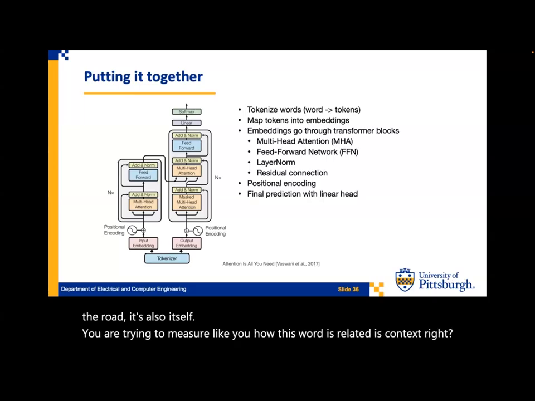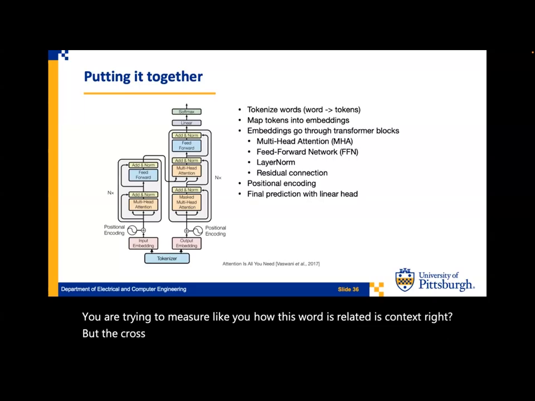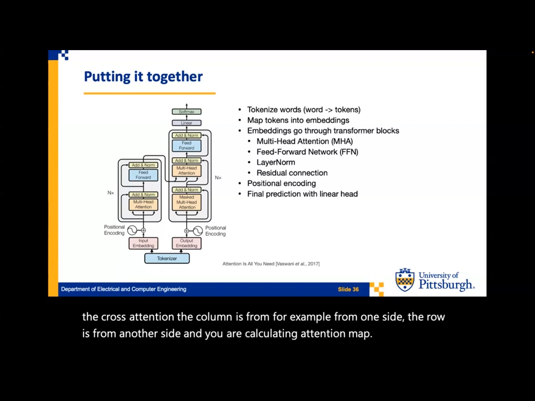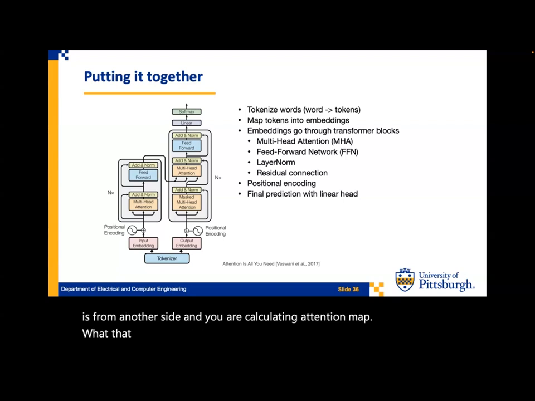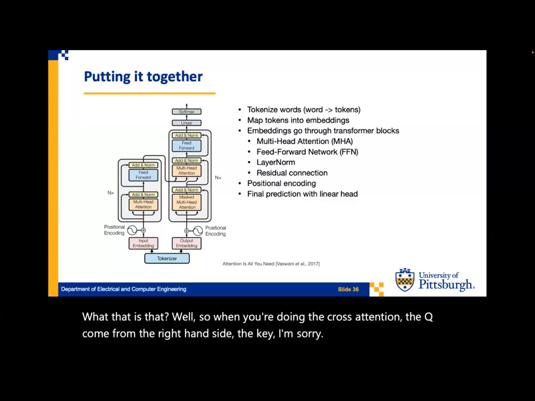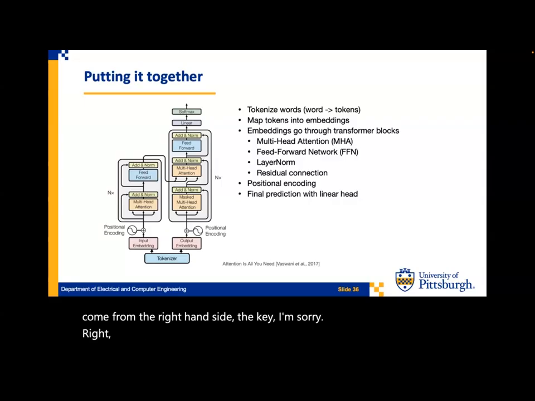But in the cross attention, the column is from one side and the row is from another side, and you are calculating an attention map. When you are doing the cross attention, the Q comes from the right-hand side. The key, I'm sorry, right. So the Q comes from the right-hand side, and the key comes from the left-hand side.